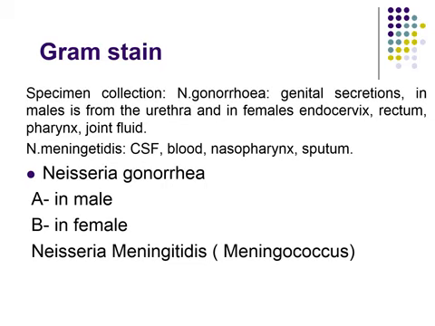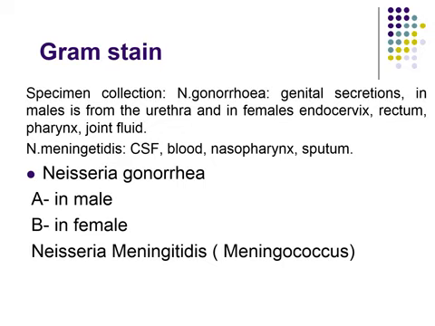In case of positive gonorrhea, the gram stain shows gram-negative diplococci with a huge number of pus cells, mainly polymorphonuclear cells, neutrophils.